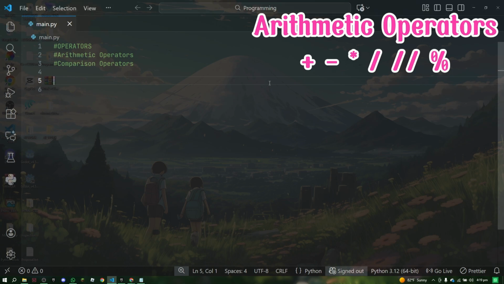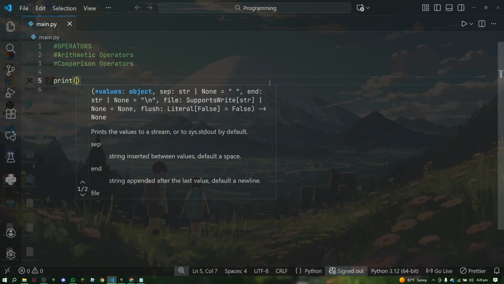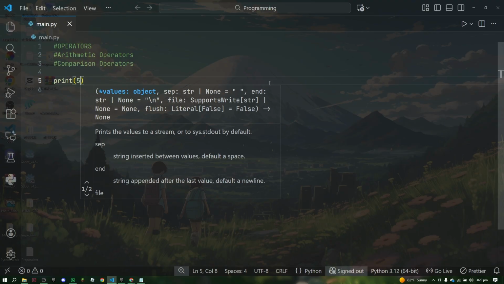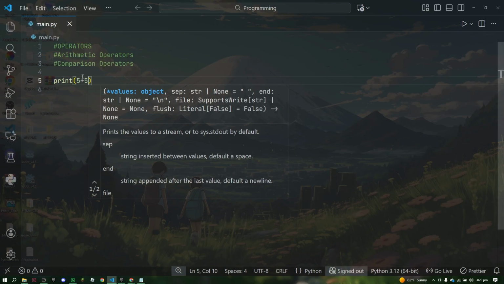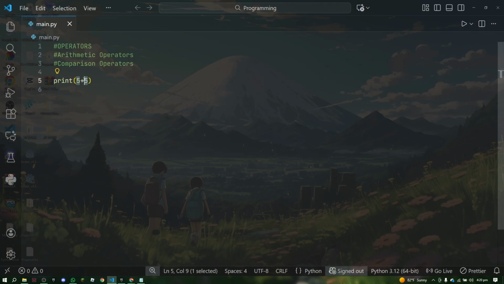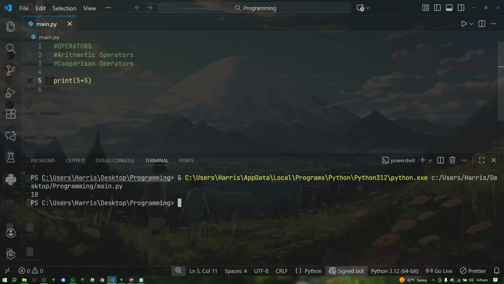How you use them is you're going to go print, parentheses, and remember, to make sure that your arithmetic operators actually work, you're going to want to use either an integer or a float. So if I go 5 plus 5, you see that these are integers because they're not in quotations. And you run them, and boom, it adds them up.